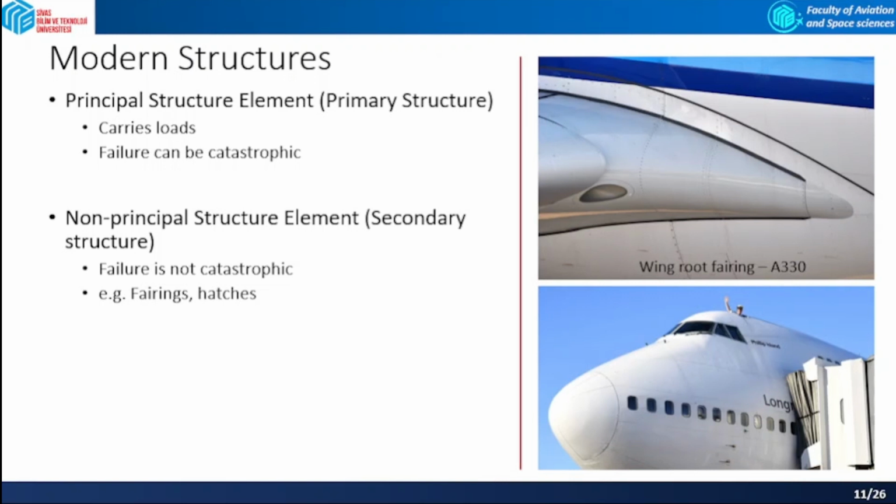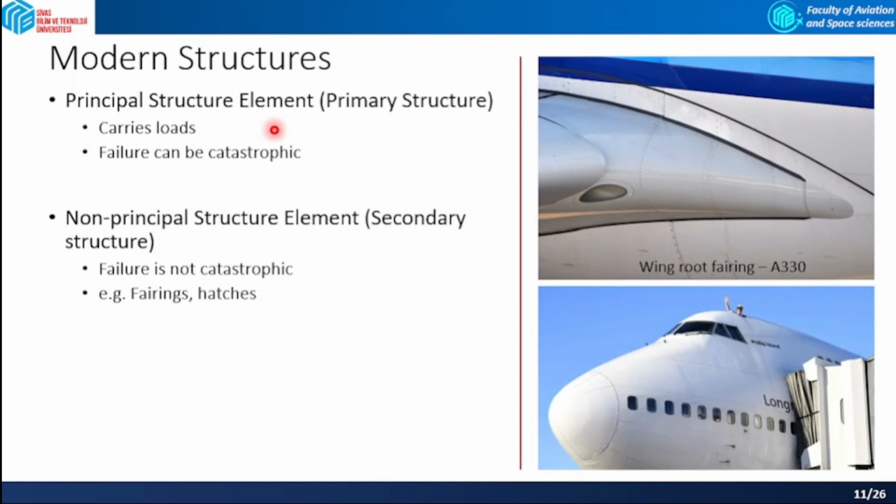So the primary structure handles the main loads, and if any part of it fails, it could lead to a very catastrophic thing. And these key components are referred to as principal structural elements, or PSE, or primary structures, as we said, and they require regular inspections during aircraft operation.